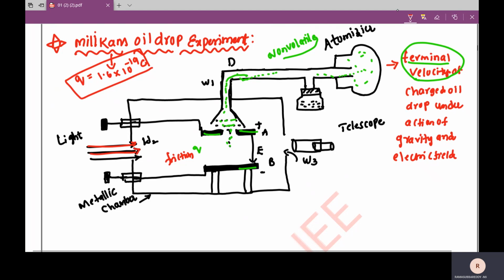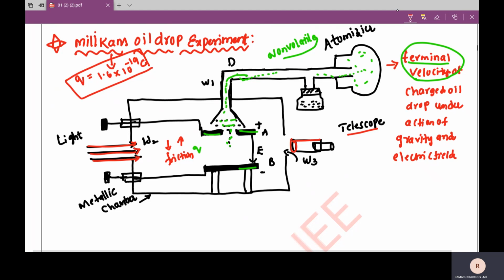We illuminate the charged particle with light and we can view it by using the telescope. The drops can be seen by using a telescope which is placed perpendicular to the light beam. A drop looks like a bright star, either moving upward or downward, depending on the conditions.